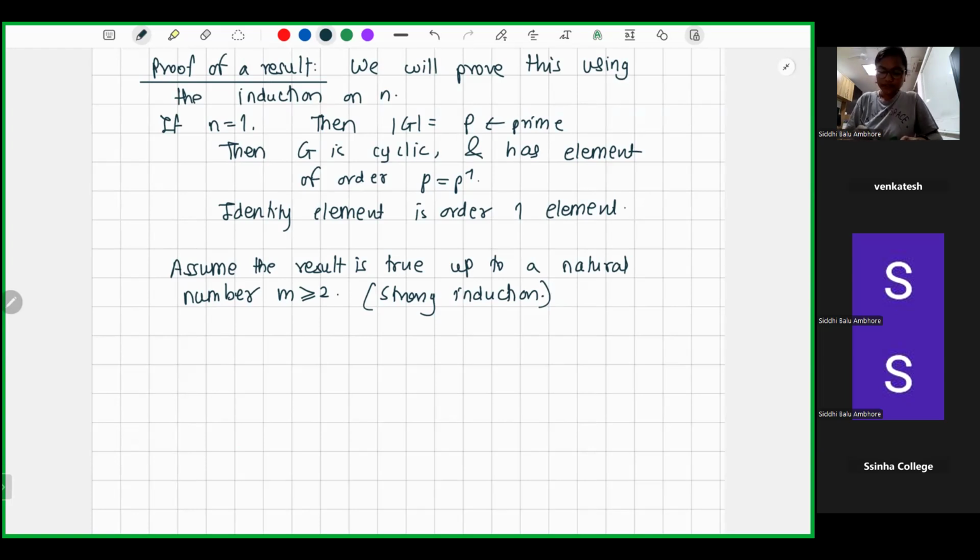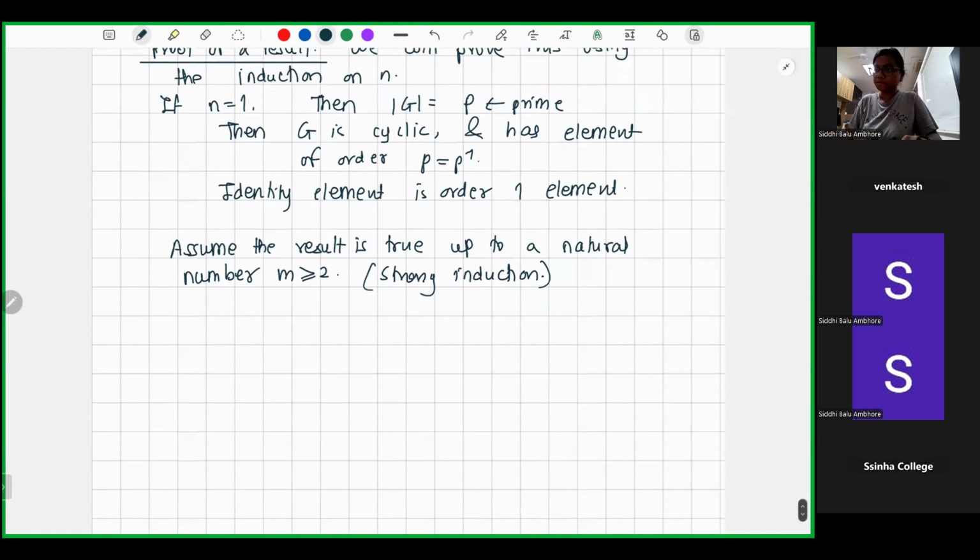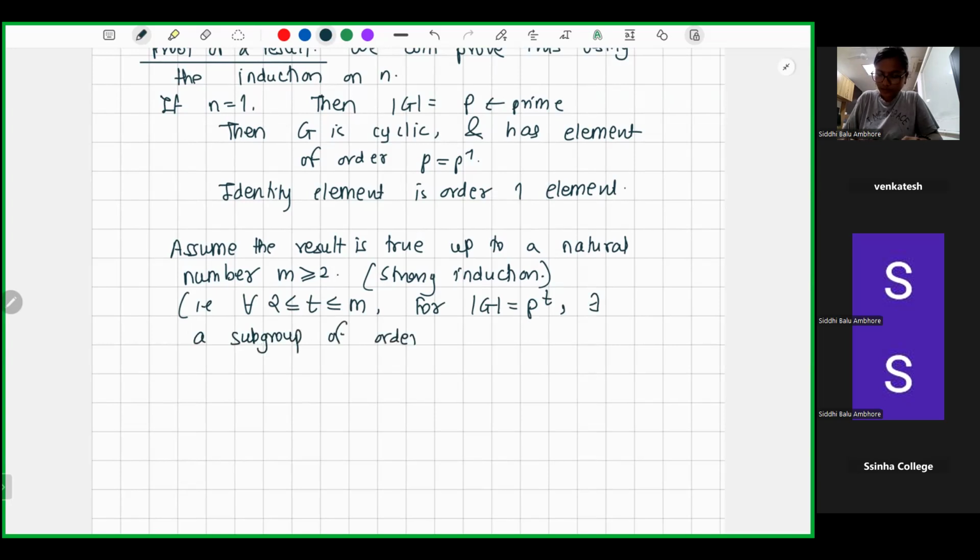So we have this. When I say this, for all t with 2 less than or equal to t less than or equal to m, for a group of order p power t, there exists a subgroup of order p power k for all k less than or equal to t.